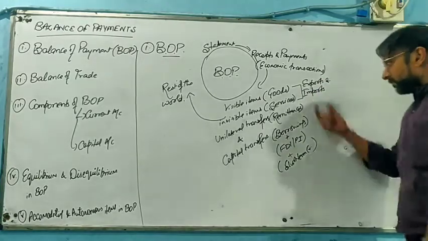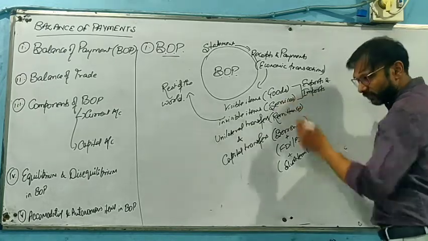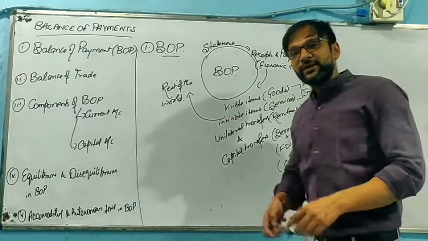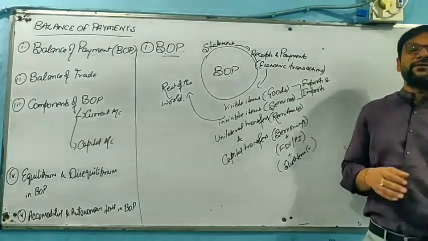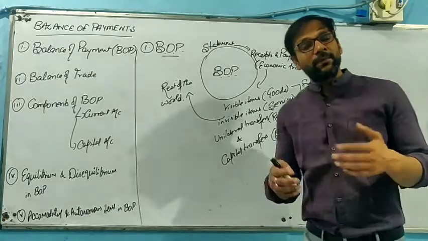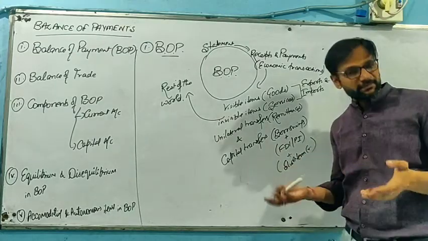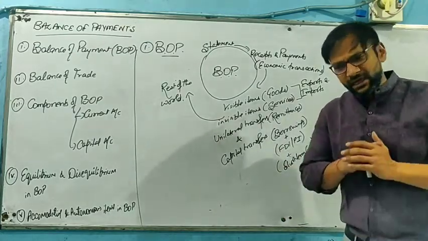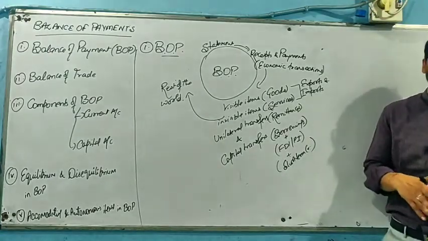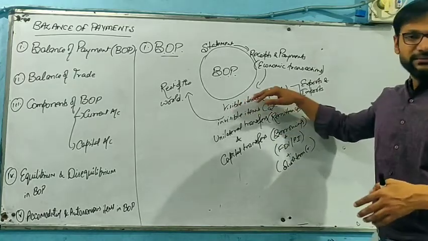Fine. If we talk about import, we need to talk about import of non-factor services, whereas exports of goods of every kind. Let it be heavy machinery, plant and machinery, a very costly Indian machinery, big machine, small machine, any kind of technology, machines, goods, if we are exporting and importing within and out of the country, they will come under visible items.